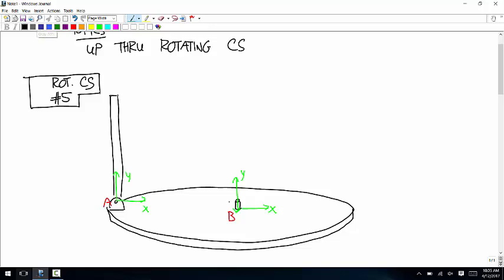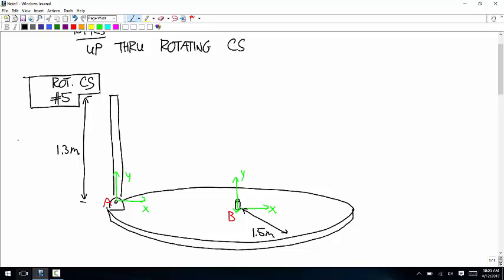What do you know? The radius of the disk is 1.5 meters. The length of the rod is 1.3 meters.